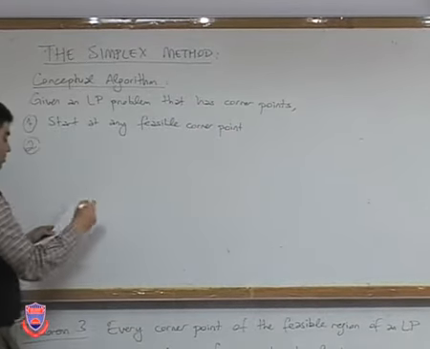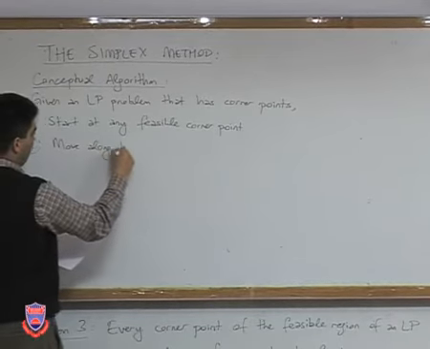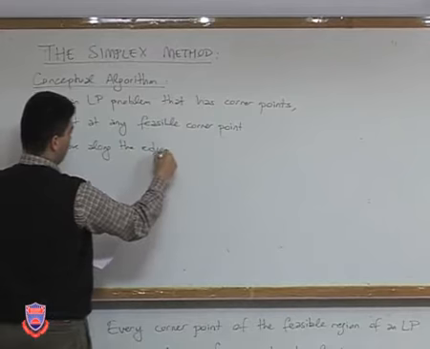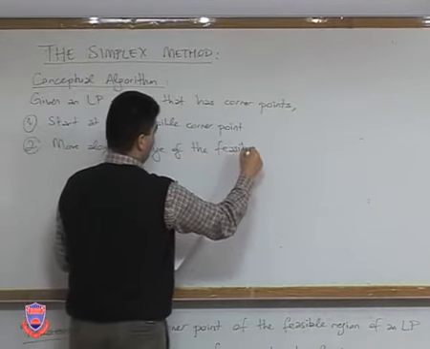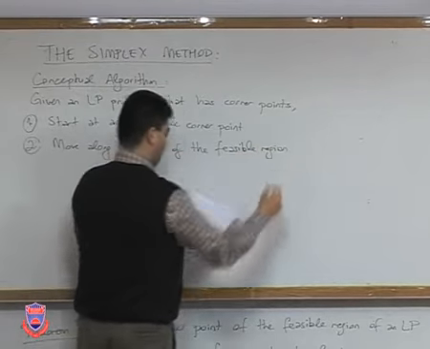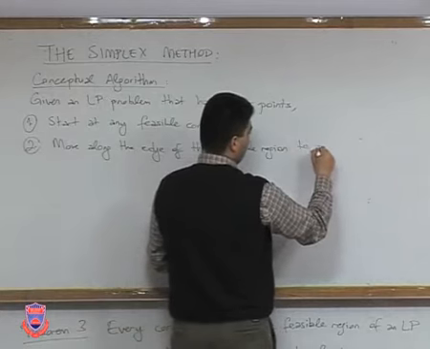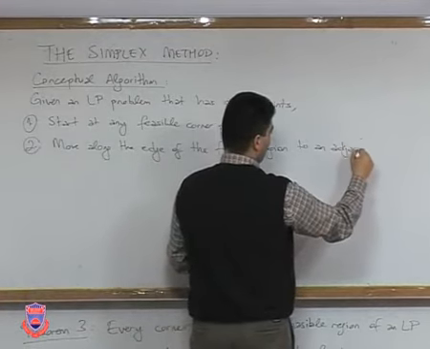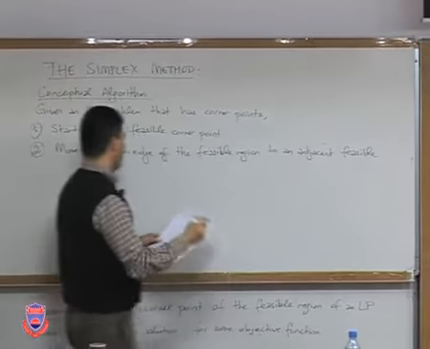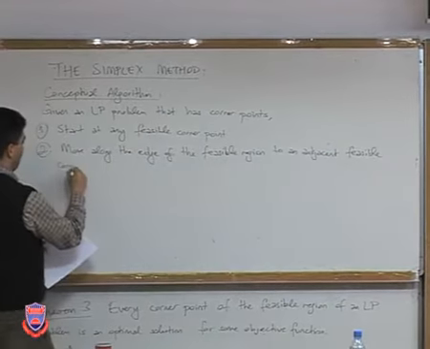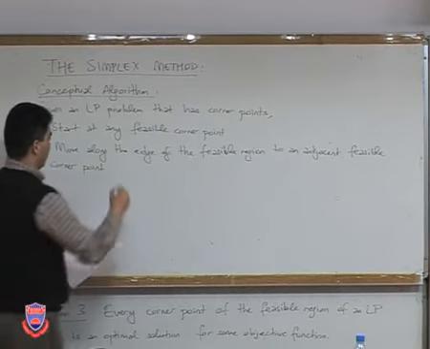Step 2: move along the edge of the feasible region to an adjacent feasible corner point with a better objective function value.